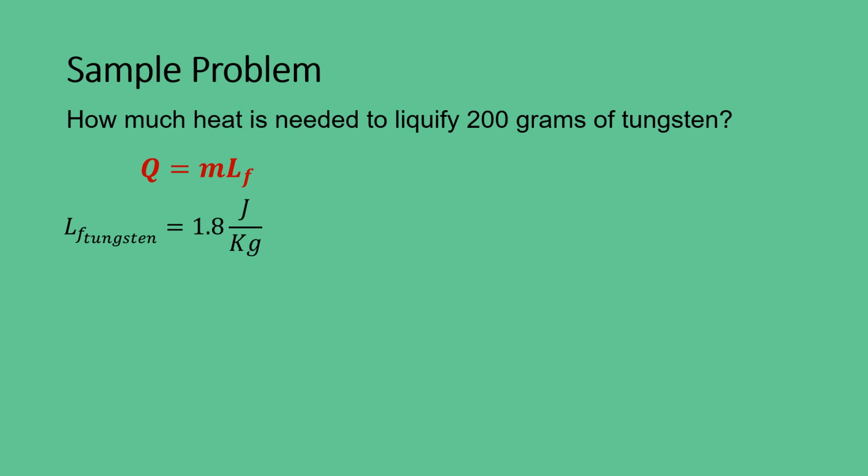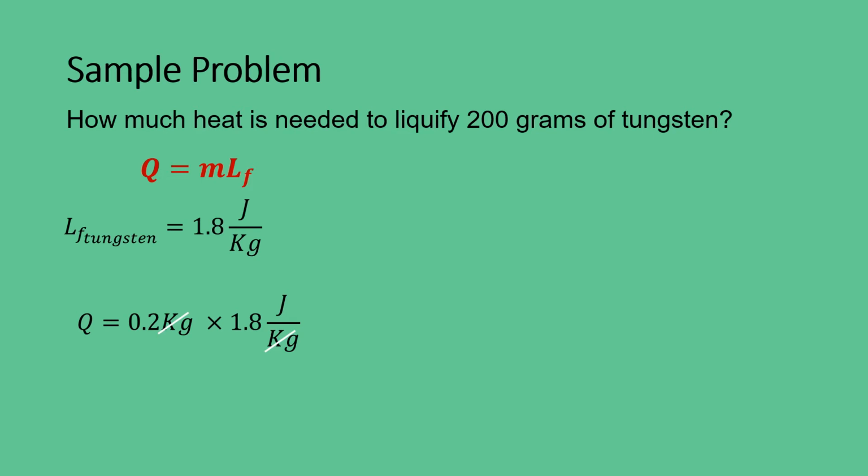But first, remember that 200 grams is the same as 0.2 kilograms. And so we will be having Q is equal to 0.2 kilograms times 1.8 joules per kilogram. Using this formula, we can see that the unit of kilograms will be cancelled.